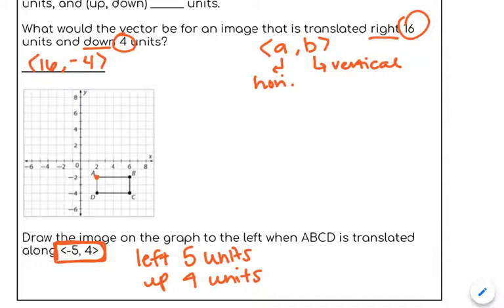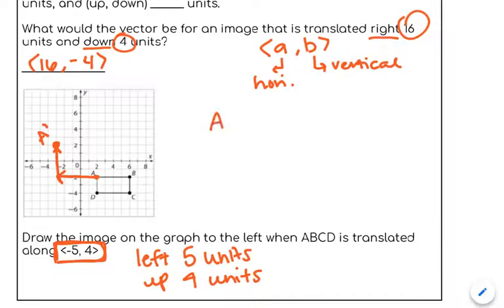So left 5 units, 1, 2, 3, 4, 5, and up 4 units, 1, 2, 3, 4. So this right here is my new A point after it's been translated. And we're going to call that A prime.